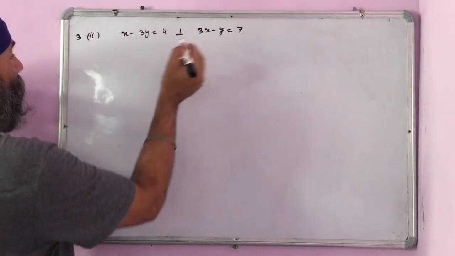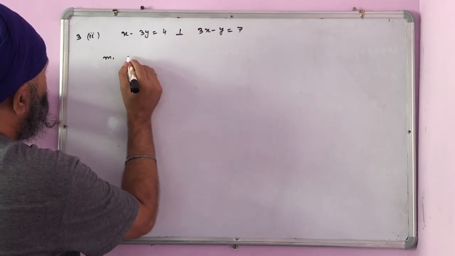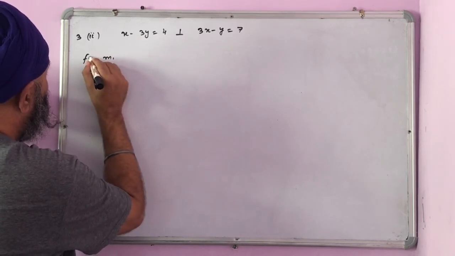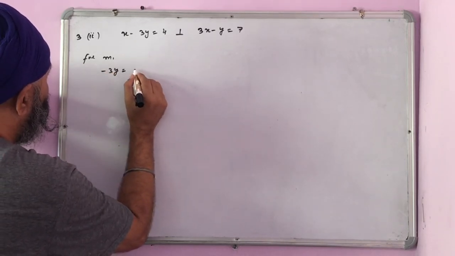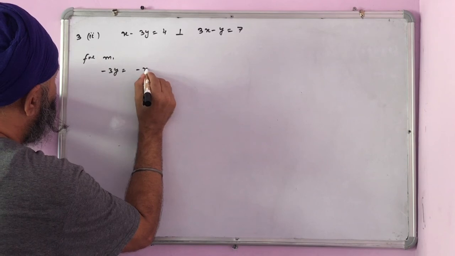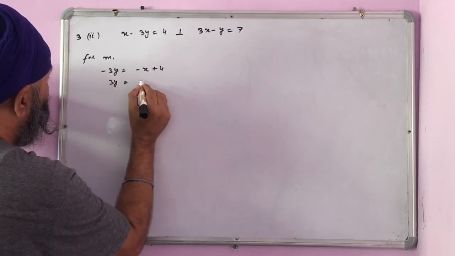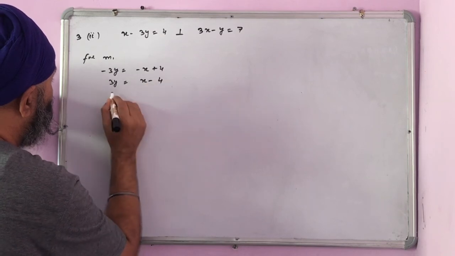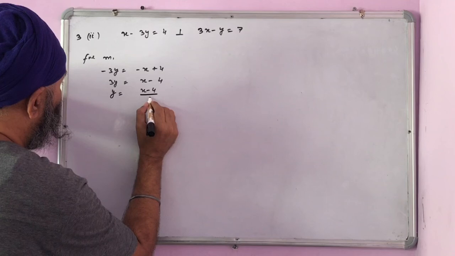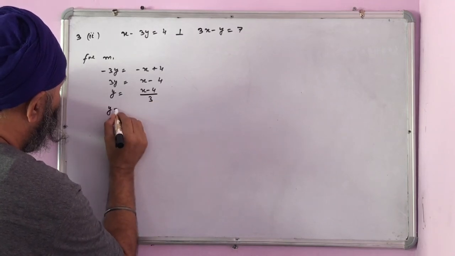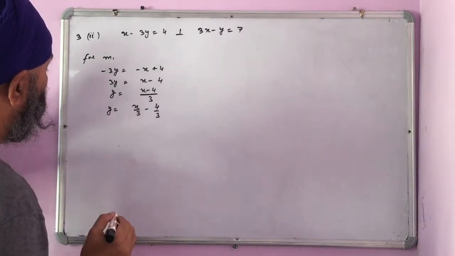We find slope m1. Minus 3y is equal to minus x plus 4, or 3y is equal to x minus 4, y is equal to (x minus 4) upon 3, y is equal to x upon 3 minus 4 upon 3.